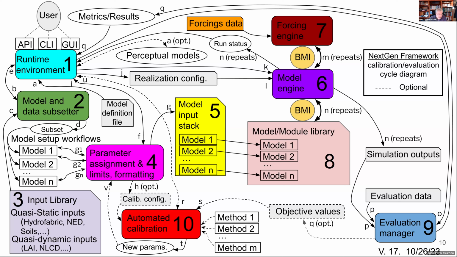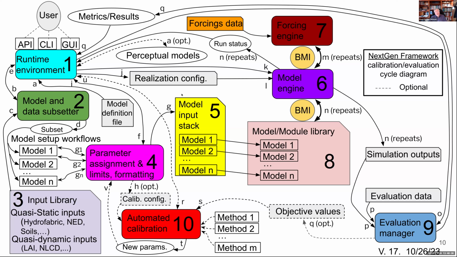If the user wants to calibrate models, that calibration configuration file would tell an automated calibration routine which methods to run, which metrics to use to estimate parameters, etc. That's optional. If it doesn't do that, it would just report back to the runtime environment that it's finished, and it would end. So that gets us to lowercase I.